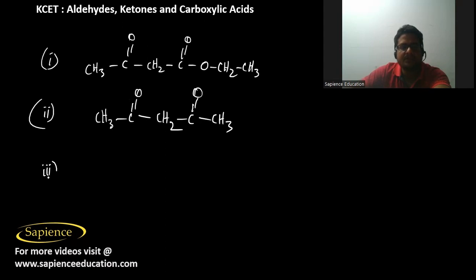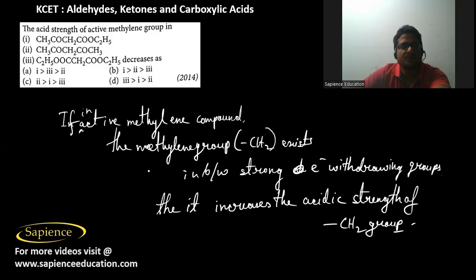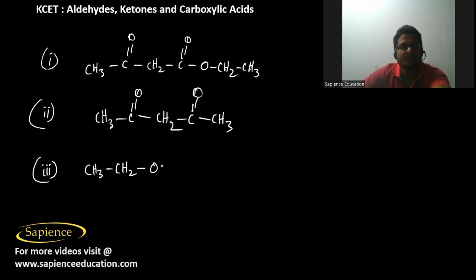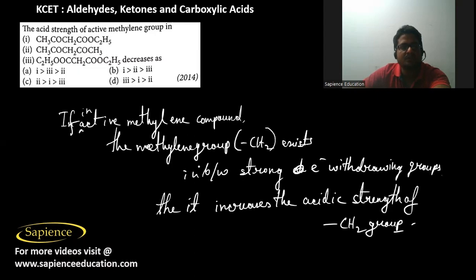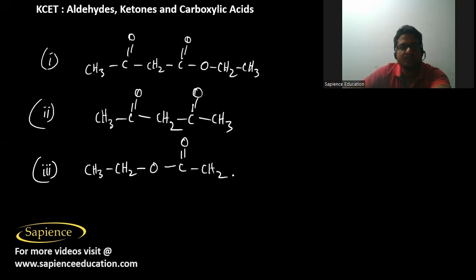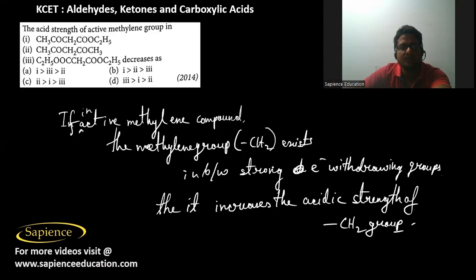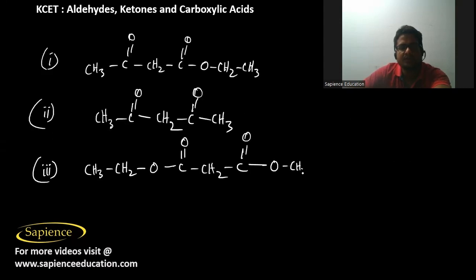Then in the third one, we have C2H5 means CH3, CH2, OOC, okay, OCO, CH2, COO, C2H5, CH2, CH3. Okay.